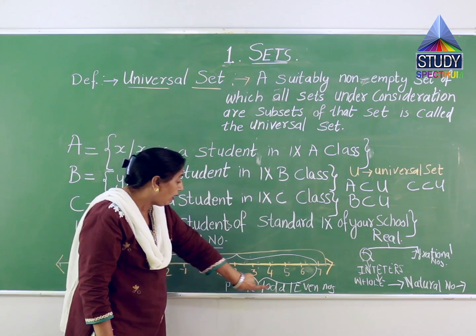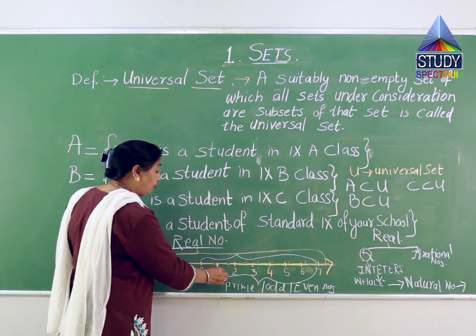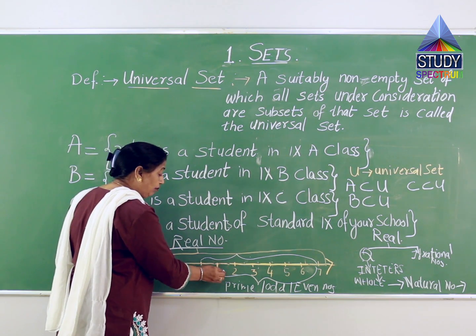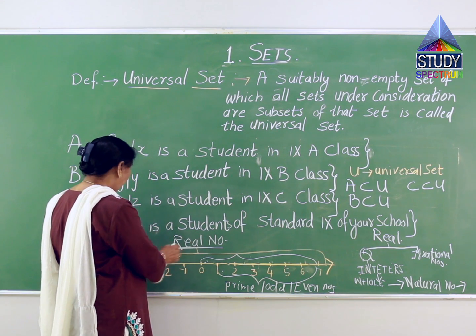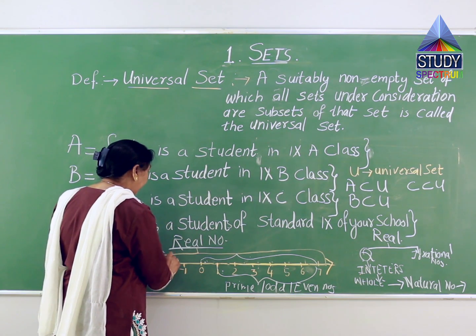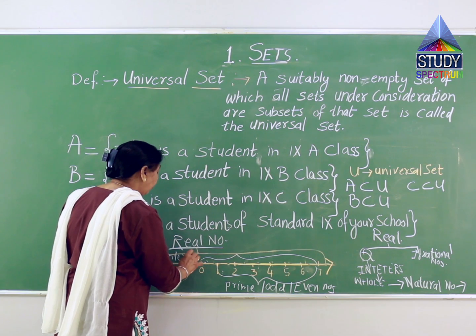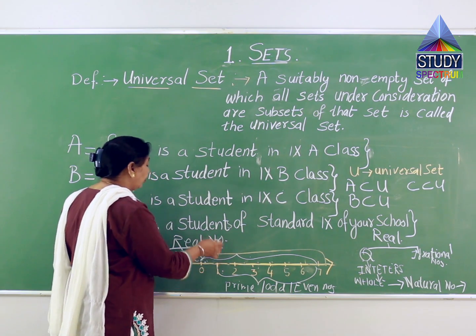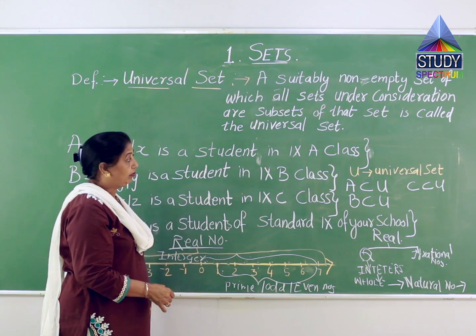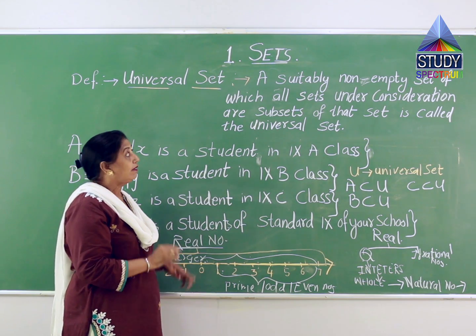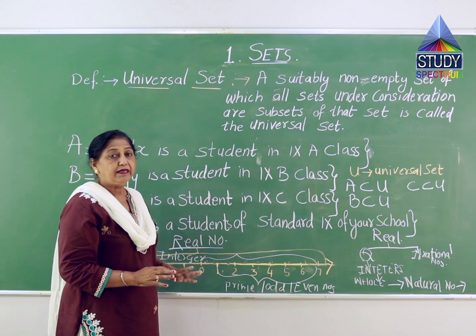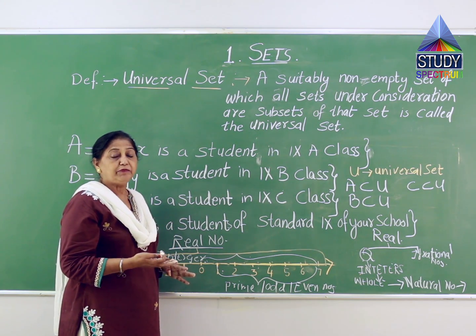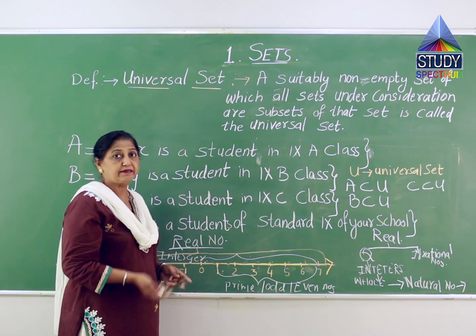So these all are subsets of natural numbers. Natural numbers are a subset of whole numbers, whole numbers are a subset of integers, and integers are a subset of rational numbers, or you can also say real numbers. So by this, I think the concept of universal set and subset is clear. Let's further be clear by doing the exercise.